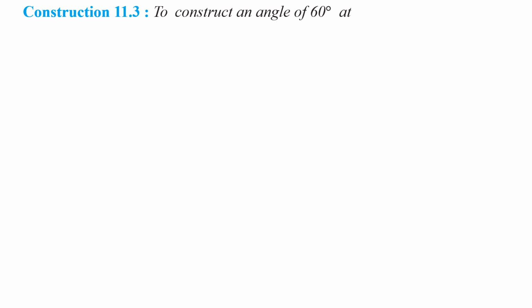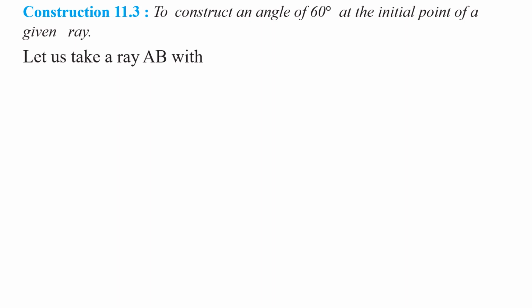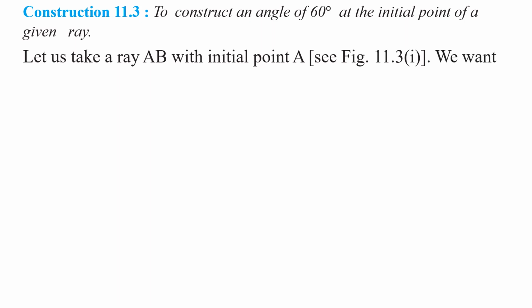Now let us discuss the third construction: to construct an angle of 60 degrees at the initial point of a given ray. Understood this question? Let us take a ray AB with initial point A, see figure 11.31A.